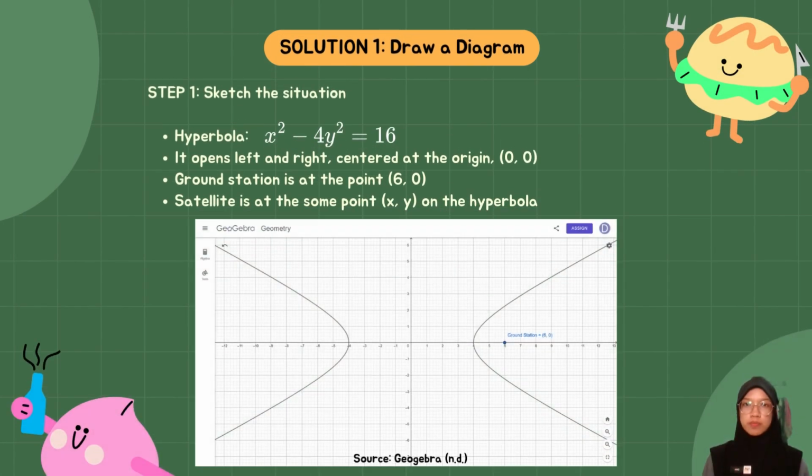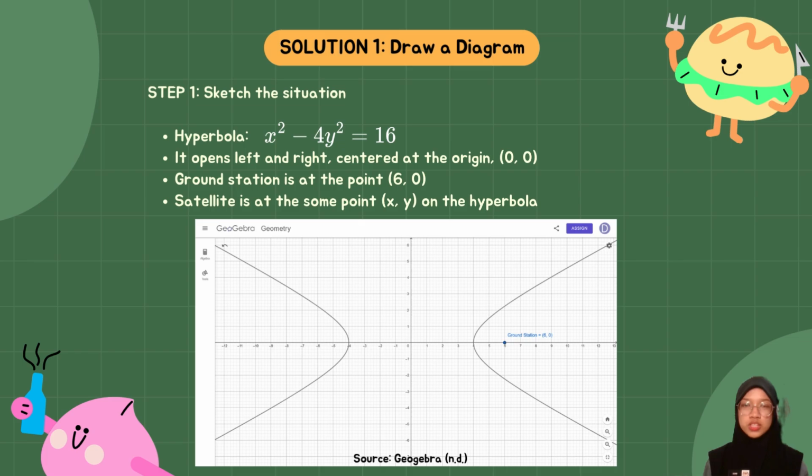So, to solve this problem, one solution is that we draw a diagram. So, step one, we sketch the situation. We notice that the hyperbola equation is x squared minus 4y squared equals 16, and this hyperbola opens left and right, and it's centered at the origin (0, 0).